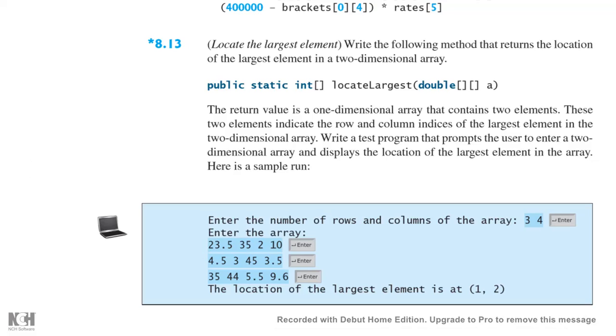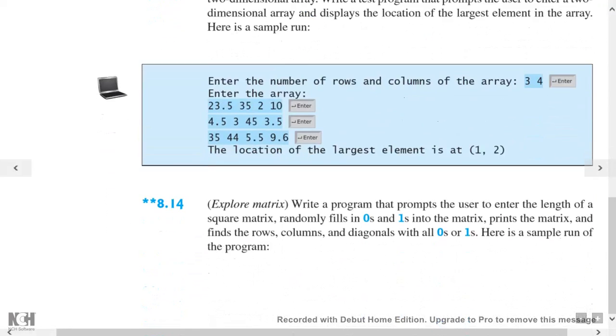These two elements indicate the row and column indices of the largest element in the two-dimensional array. Write a test program that prompts the user to enter a two-dimensional array and displays the location of the largest element in the array. So here's a sample run. As you can see, the largest element is right there.